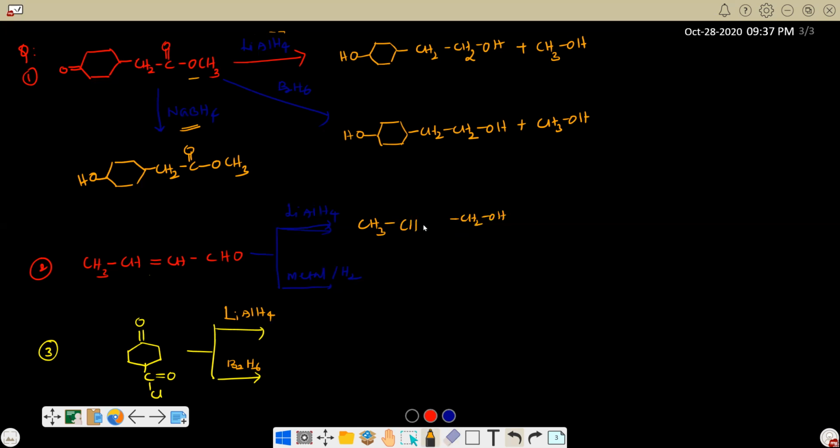So it is CH double bond CH, CH2. That means the double bond does not affect. But here, the reagent freely reduces the C=O as well as the C=C double bond. So the product is CH3, CH2, CH2, CH2, OH.